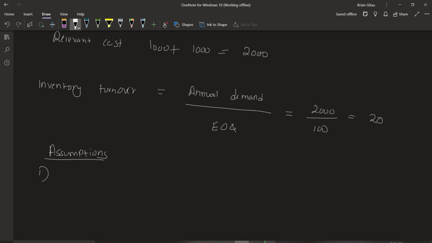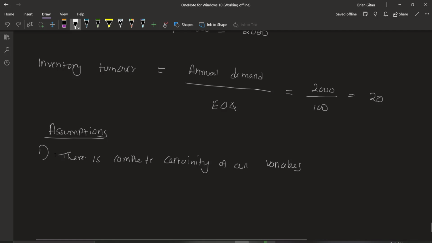Number one, there is complete certainty of all variables affecting the model. That is, we know the annual demand, we know the ordering cost, we know the holding cost, we know the lead time. Everything is known, and the usage of stock is also uniform. These are the major assumptions we have made in this model.